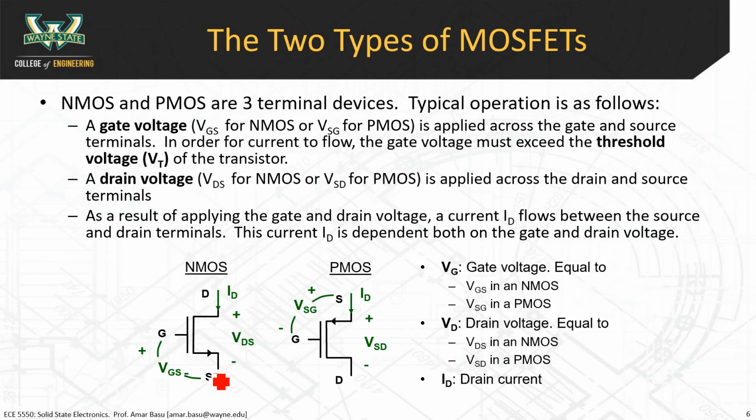Imagine for a second that the source is grounded, and then you apply a voltage on the gate, so you see this VGS here. When you place a sufficiently large voltage on the gate, you allow current conduction between the drain and the source.